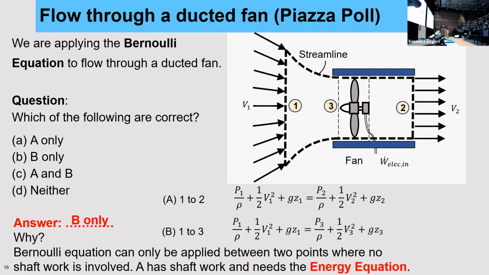But here it's very clear you have a fan. So if we wanted to apply it from point 1 to point 2, we actually need the steady flow energy equation rather than the Bernoulli equation. That's one for you to think about, but the majority of you understood that, so that's good.